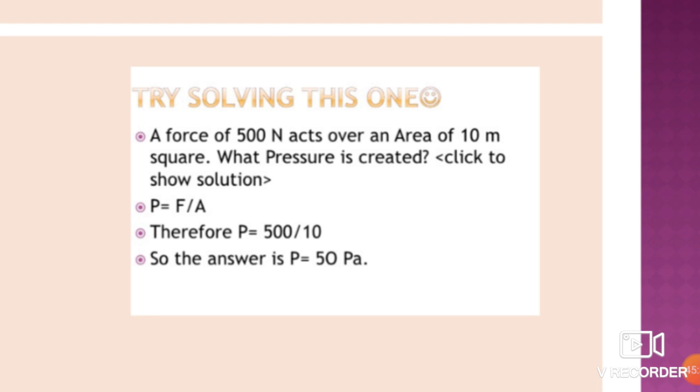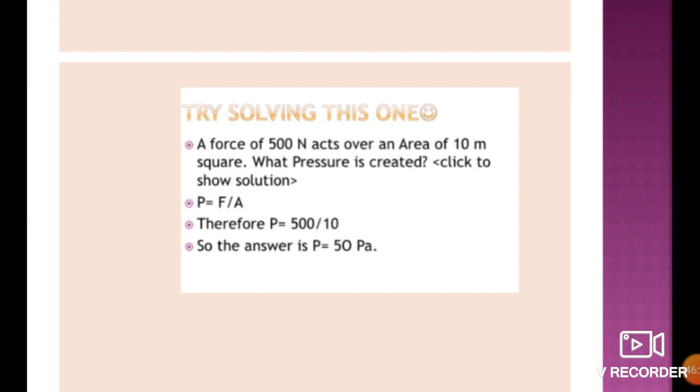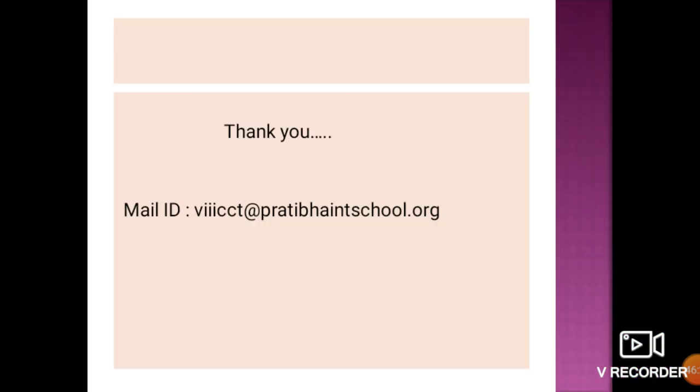Therefore pressure is equal to 500 upon 10. When you divide 500 by 10, the answer is 50. So the pressure created on that area is 50 Pascal. Try to solve these sums and problems.